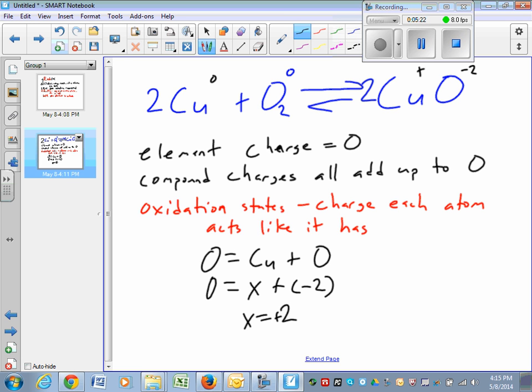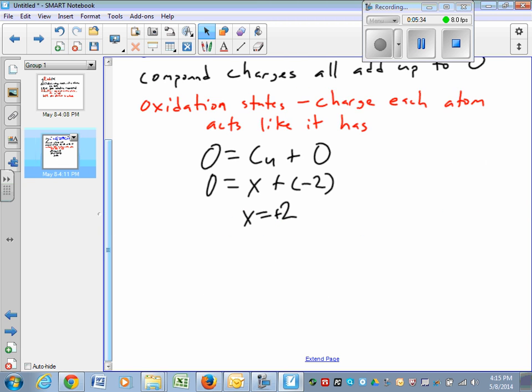But what you're going to be asked to do with redox reactions is find out what got oxidized and what got reduced. Okay, oxidized is the Leo part, whatever loses electrons. So if we look at our reaction, copper went from a charge of 0 to a charge of +2.